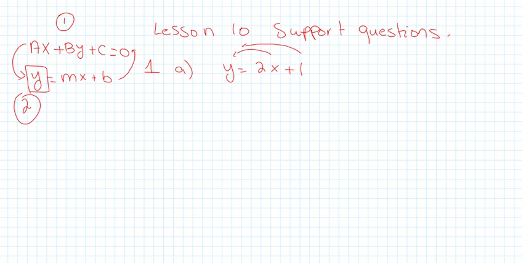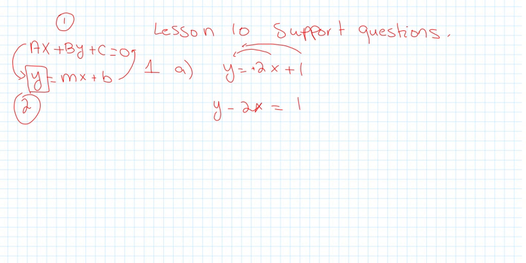What happens when I move the 2x over? What happens when I cross the equal sign? It becomes negative, right? Because that's a plus 2x here. The plus is invisible, but still it's there. When I move it over, that's going to be minus. Equals 1.